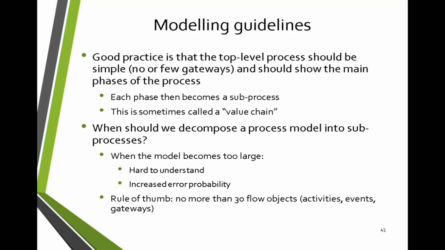It's not always possible, but you try to reduce the complexity. A value chain is just a sequence of activities, or a sequence of sub-processes. You try to limit the amount of gateways in your top model as much as possible, typically.